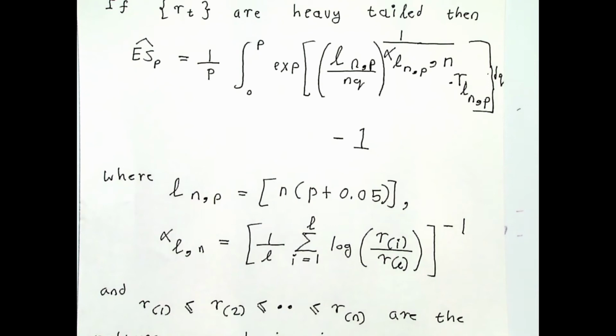The second method for estimating expected shortfall semiparametrically is as follows. So method number 2.